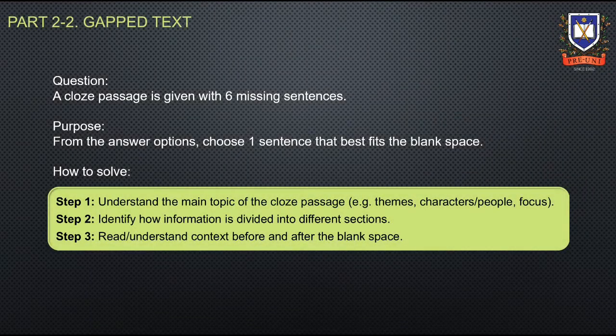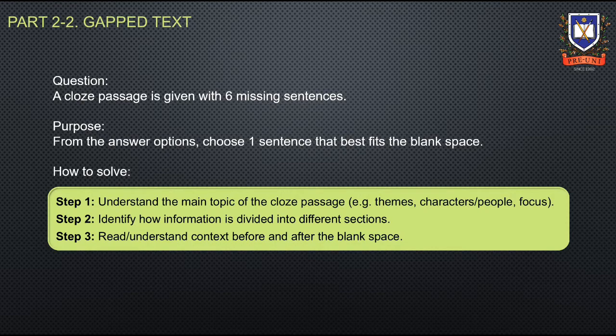Okay, so the next question type that we're going to be looking at is called gapped text. And gapped text is basically a closed passage, but we're going to be dealing with a much longer passage, around a page of reading or so. And this can again be factual or it can be literary. The task with gapped text questions is that there are going to be 6 missing sentences throughout that page of writing.